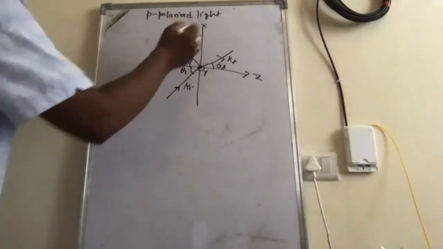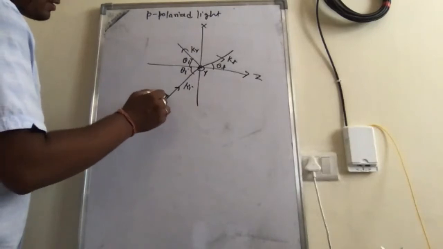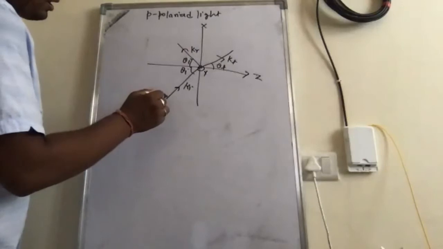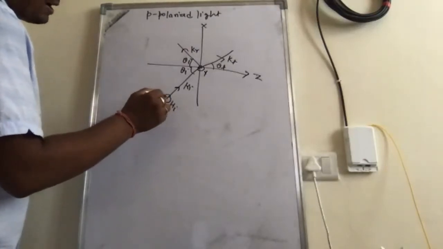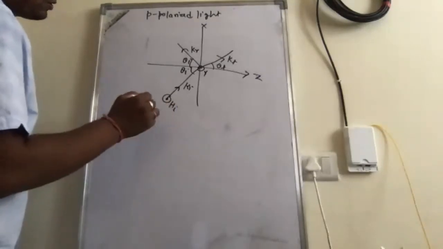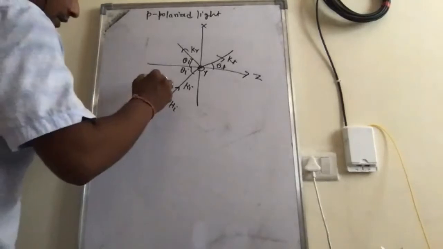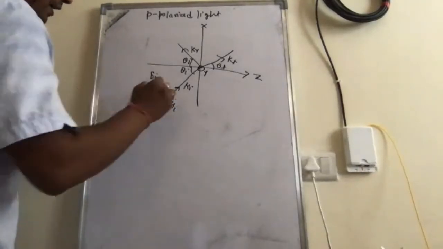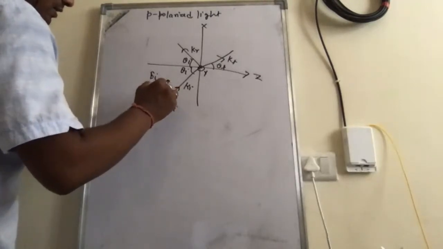Since we are considering p polarized light, the electric field will be in the plane of incidence, that is either the x direction or the z direction, and we have considered that the magnetic field is along the y direction. According to that, the electric field was along this direction, Ei, making angle theta I with the x-axis.